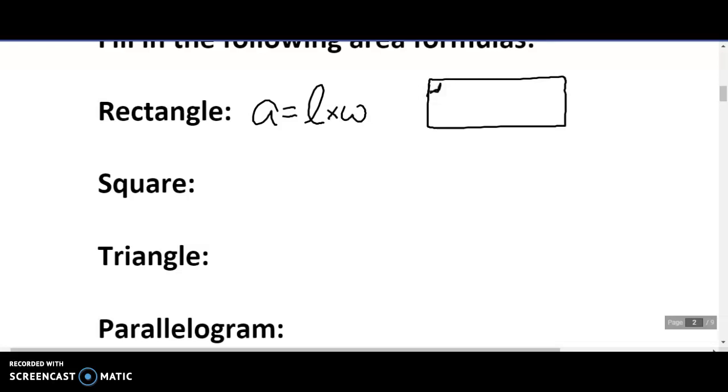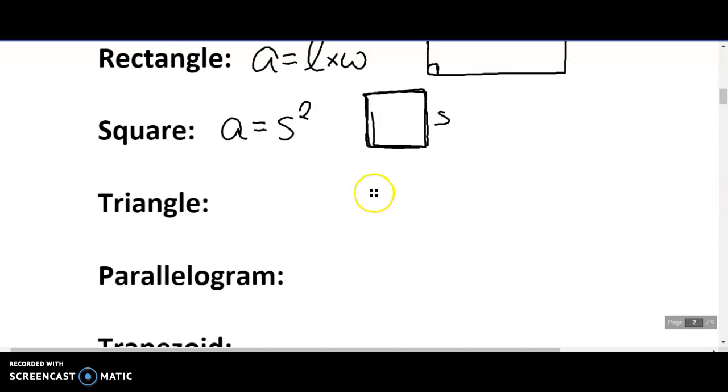Remember, opposite sides are parallel and even, and all sides are 90-degree angles. A square is a type of rectangle, but we need less information since all the sides are the same. So we say side squared, because if we did length times width and the length and the width are the same, that means you can square it.